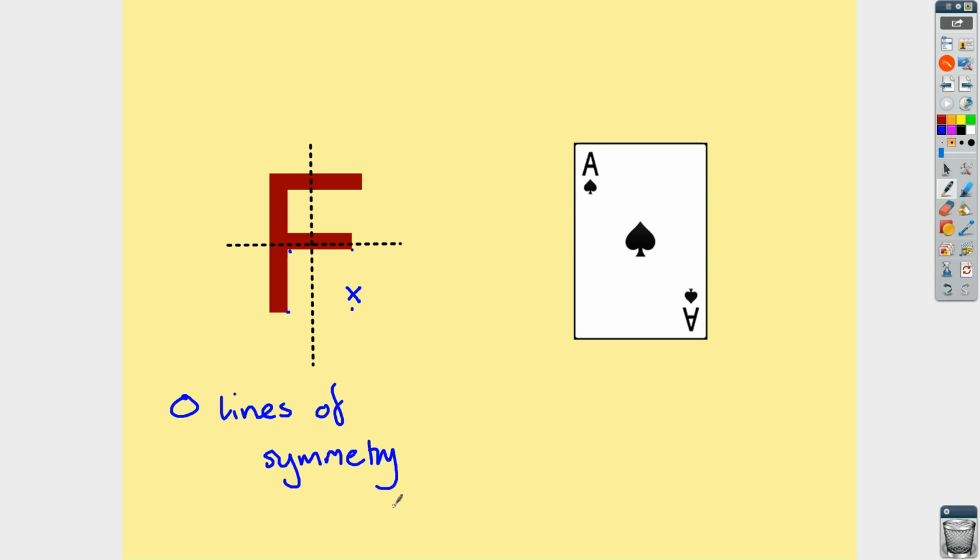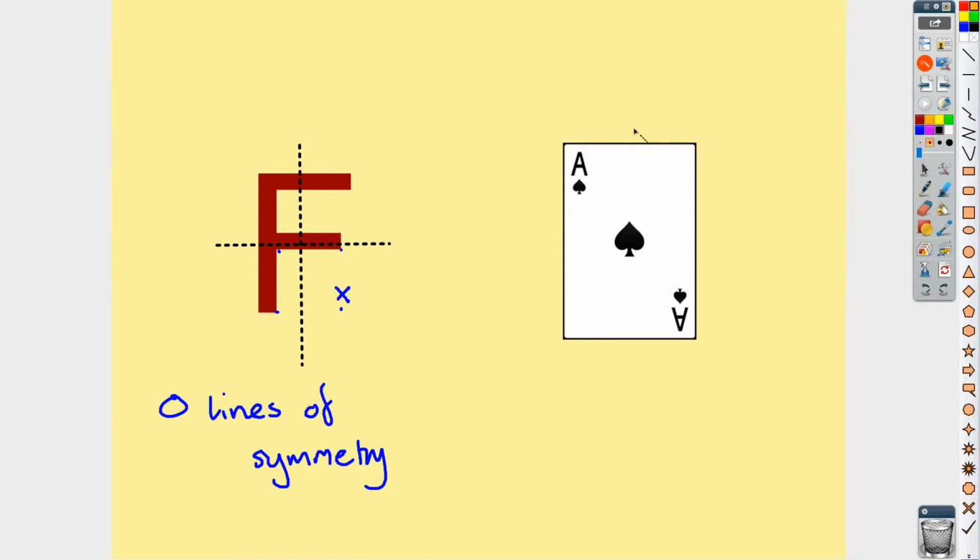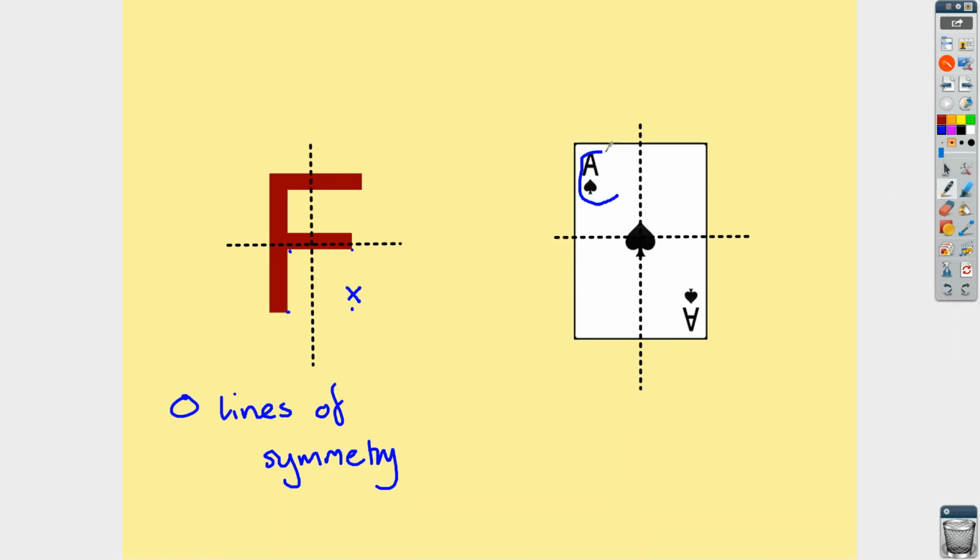Okay, same goes for our card. Okay, now you might be tempted to think we've got a rectangle and there's probably lines of symmetry here and here. Okay, and you'd be right if it wasn't for these symbols here. Okay, if I try and reflect this across the horizontal axis of symmetry, you'll see that it's not matching up.